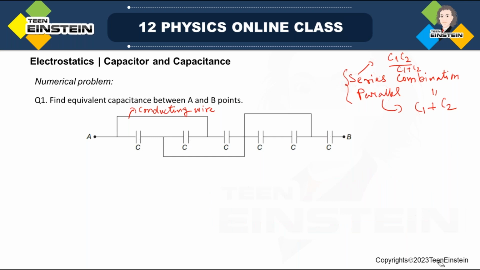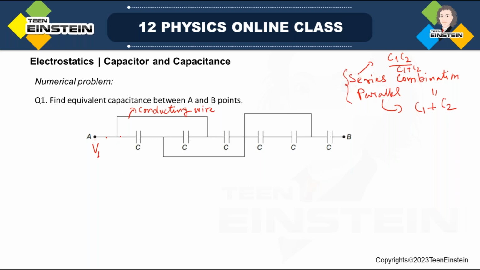So what I'm trying to say is that whenever we are connecting this kind of conducting wire, we have to follow a trick. Suppose point A has potential V1.